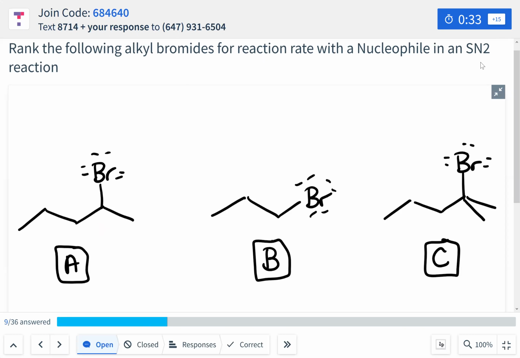What we need to do is look at the carbon which the bromine is bonded to and determine, is it primary, secondary, tertiary? Whichever one is the least bulky, has the least amount of steric interactions, will be the fastest, and those which have the most steric interactions will be the slowest. Give a couple more seconds.